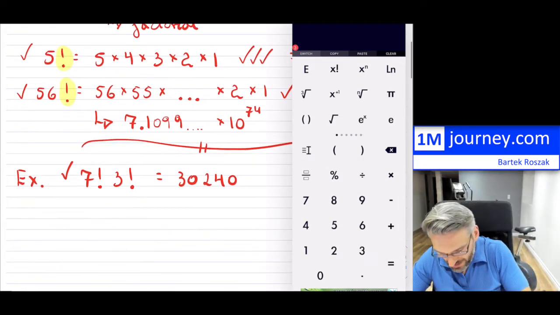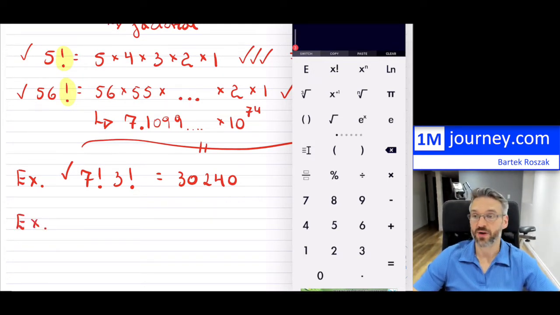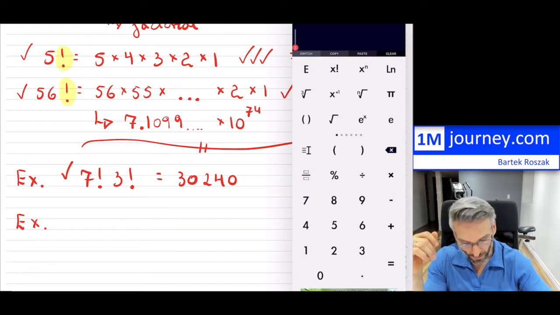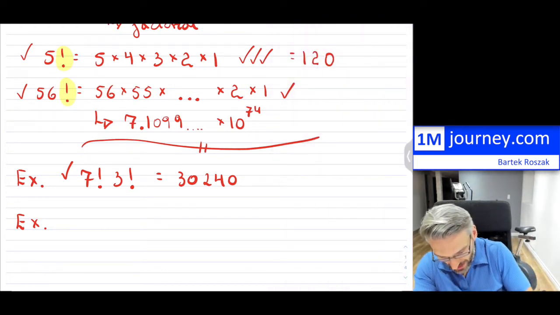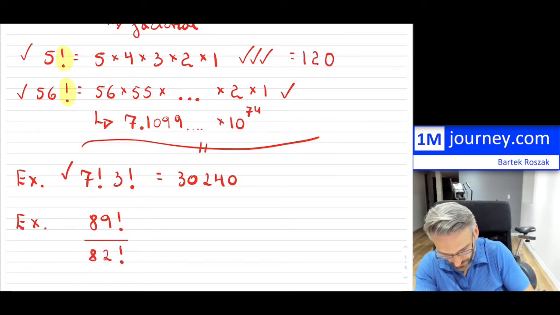Now, sometimes what happens, because these things can get rather large, as you saw with the 56 factorial, if it keeps going, your calculator might not even be able to calculate. So what can happen instead, maybe you get something like this, where the numbers are rather huge, so 89 factorial, but then you have a division, and let's say the division is 82 factorial at the bottom.